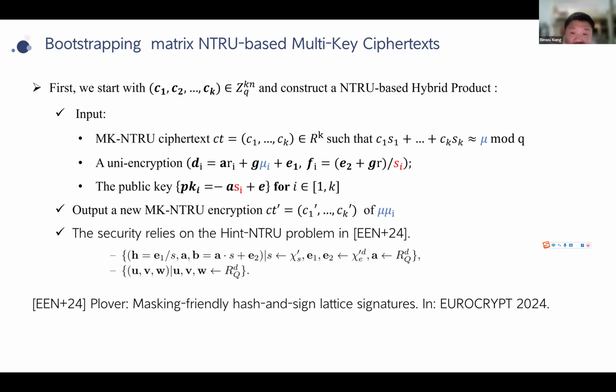But as you can see, both the public key and the NTRU encryption ciphertext for party i are designed using the same secret key, so the above construction relies on a new assumption called the hint NTRU assumption. Also, as discussed in a paper in Asiacrypt 2024, for Hawk-style signature schemes with a suitable choice of secret and error distribution, the hint NTRU problem is at least as hard as the standard NTRU problem.